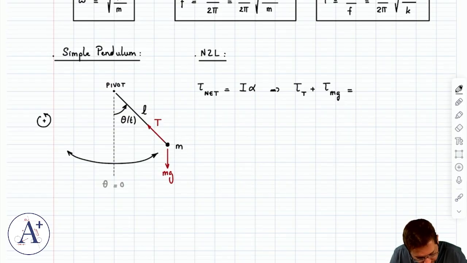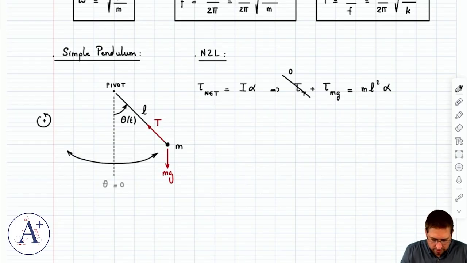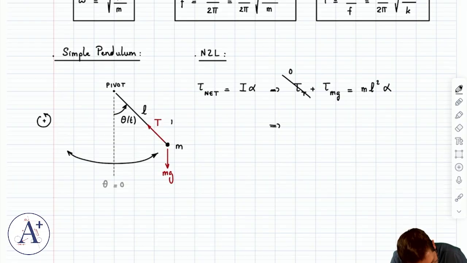So the moment of inertia of little m is mL squared with respect to my pivot times alpha. And the torque due to T is 0 because T has a line of force that goes through the pivot. Any force that has a line of force that goes through the pivot does not create any torque about that pivot. So we are going to find that the torque of mg, first of all, is negative.